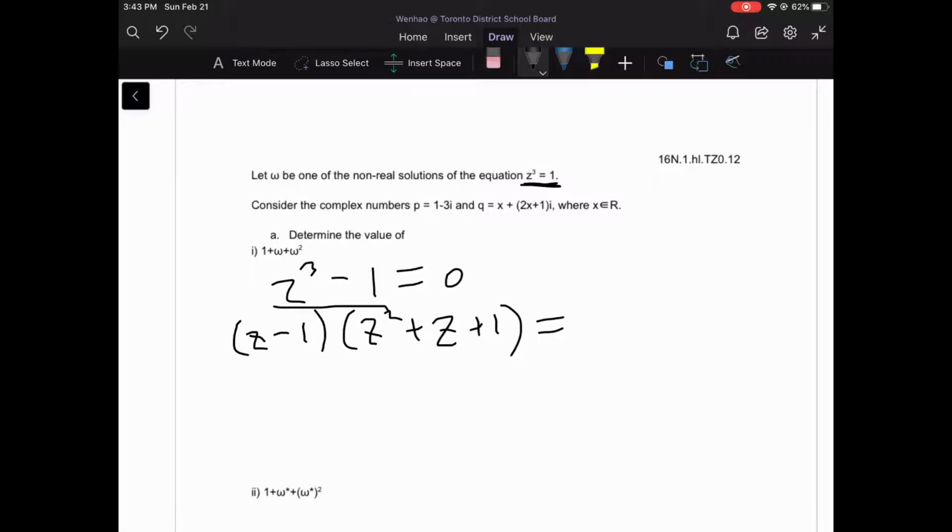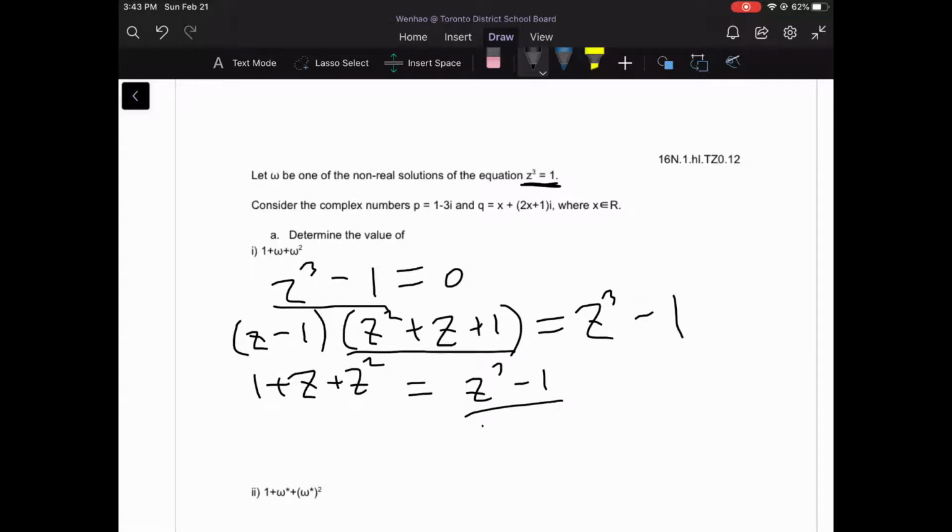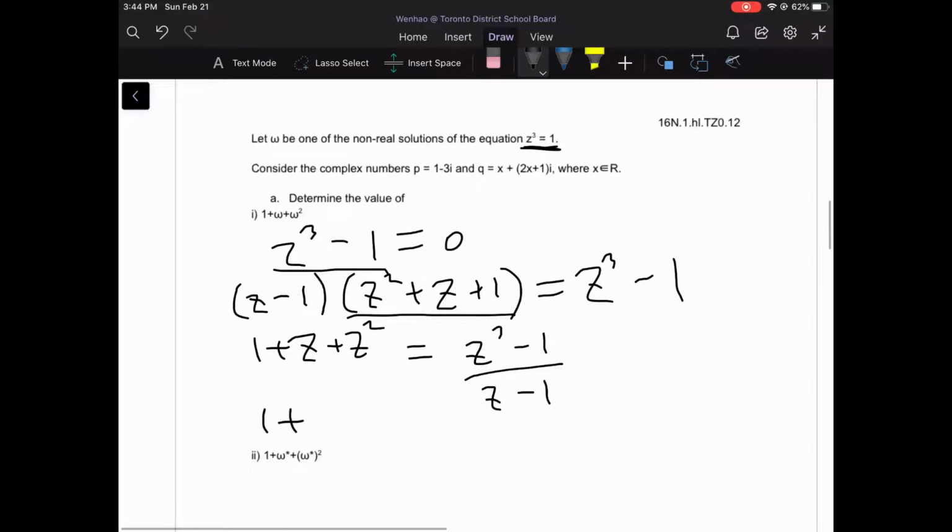Oh wait, it is equal to 0, but this is equal to this. Okay, and that means that 1 plus z plus z squared, I'm just rewriting this term, is equal to z cubed minus 1 over z minus 1, and then we sub in omega for z, and since omega is a solution to z cubed is equal to 1, that means that the numerator is 0. So 1 plus omega plus omega squared is equal to 0.